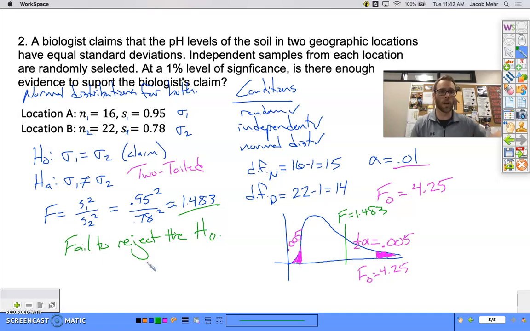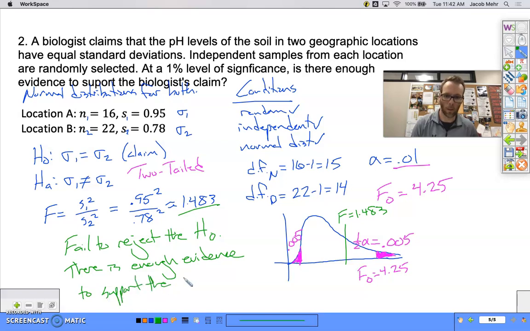So if we're failing to reject the null hypothesis, we're failing to reject the claim, so there is enough evidence to support the biologist's claim. So with the two-tail, we don't have to worry about the left tail. We can only do the right tail. It's not in there. We should be all good, set, ready to go.